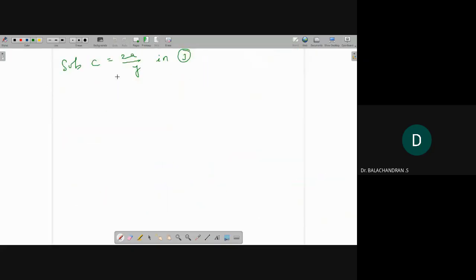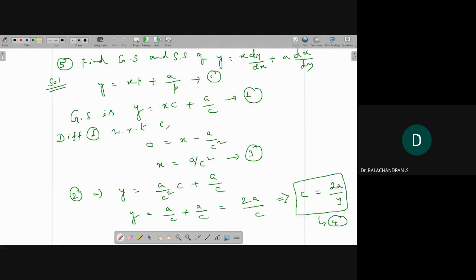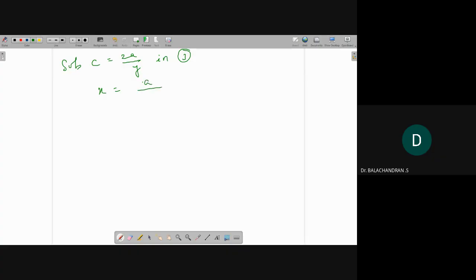So x is equal to a by c square. c square is 4a square divided by y square. So this implies y square equal to, you can cancel one a, so y square equal to 4ax, which is the singular solution of the given problem.